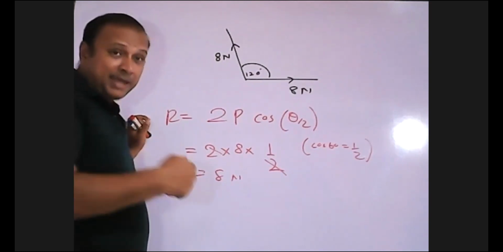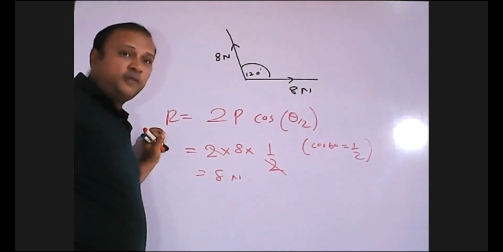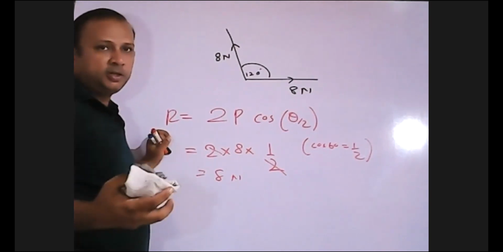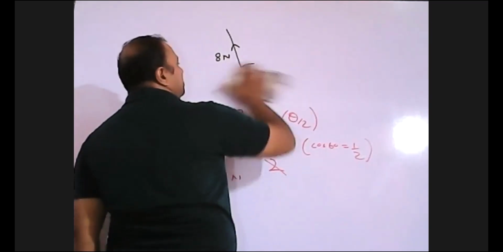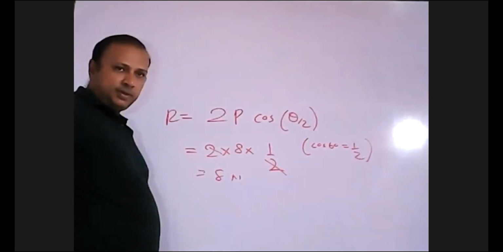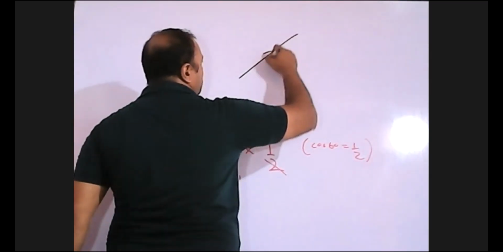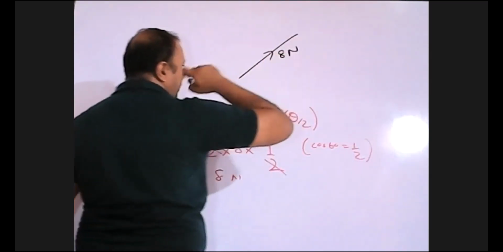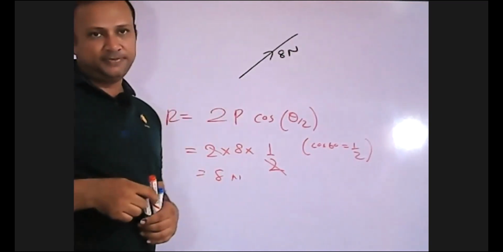Now the magnitude of the resultant is equal to 8 Newton. So I can use that. There is an 8 Newton force, which means the resultant of the previous two forces.